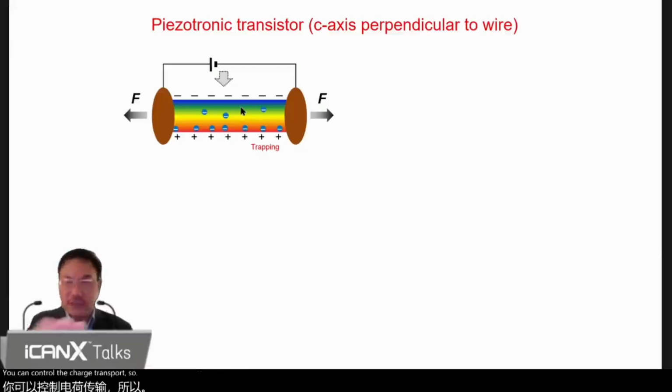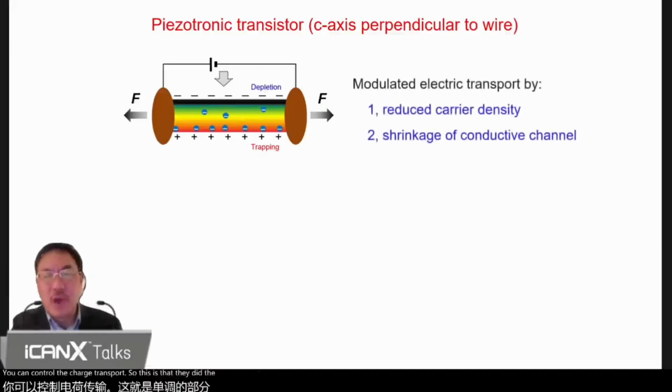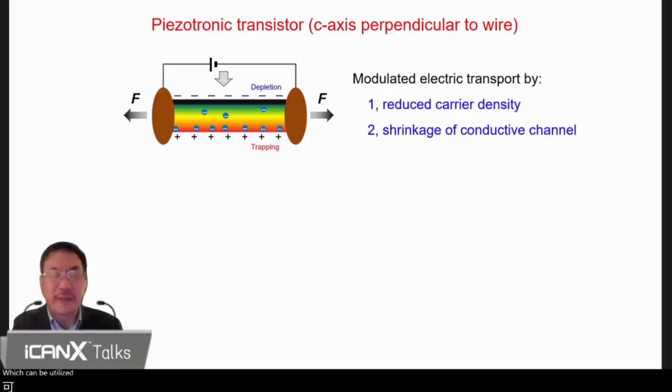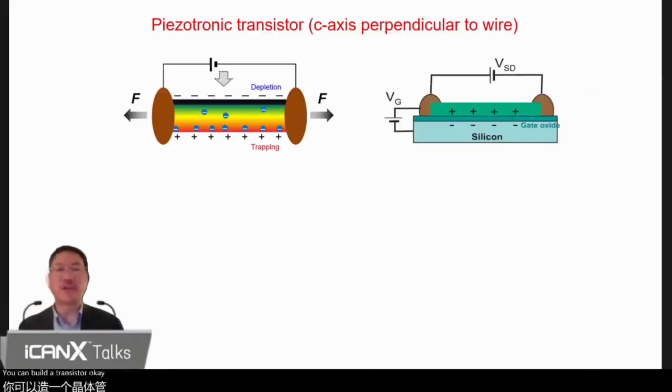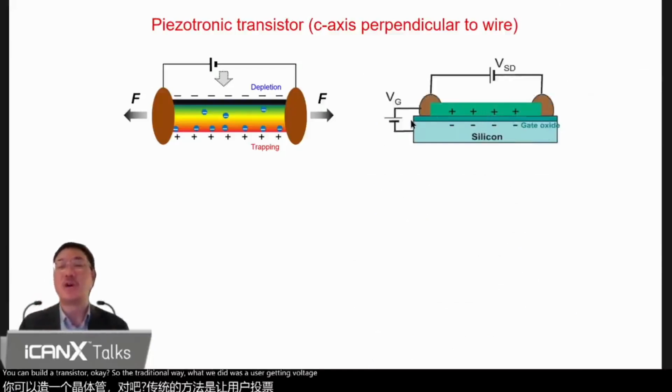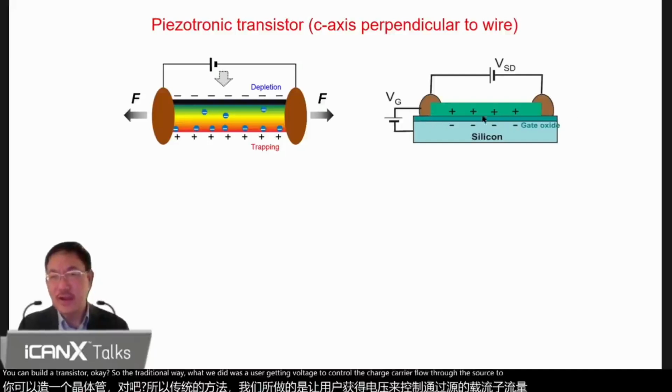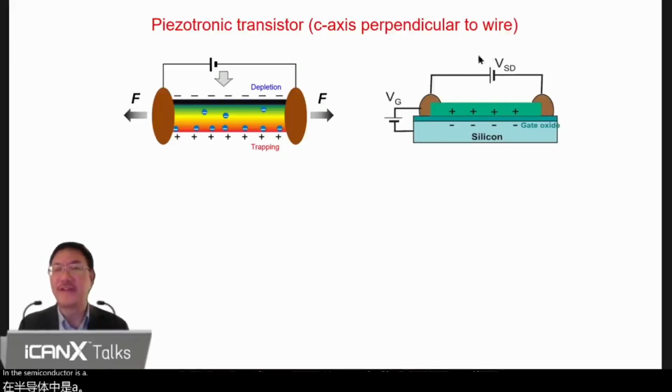This principle can be utilized as a gating voltage for a transistor. If you can control the carrier transport, you can build a transistor. The traditional way is to use a gating voltage to control the charge carrier flow from source to drain in the semiconductor. This is the FET.